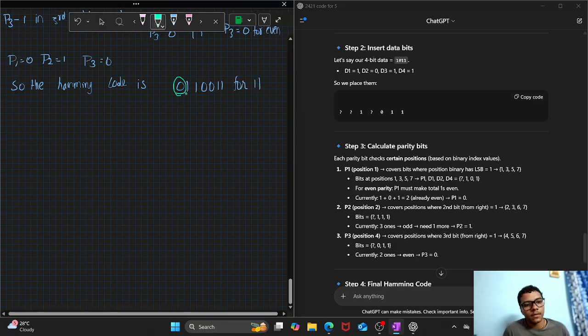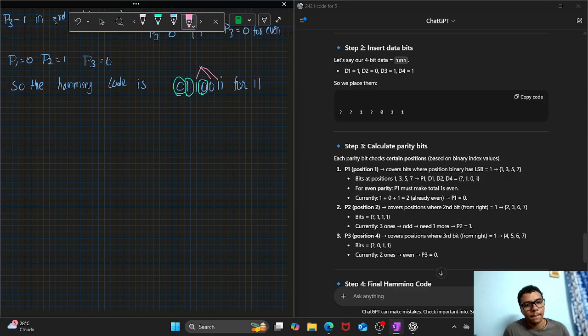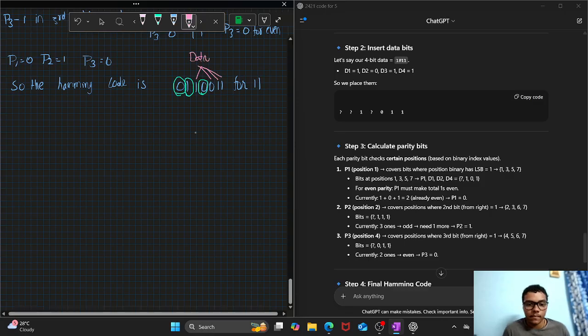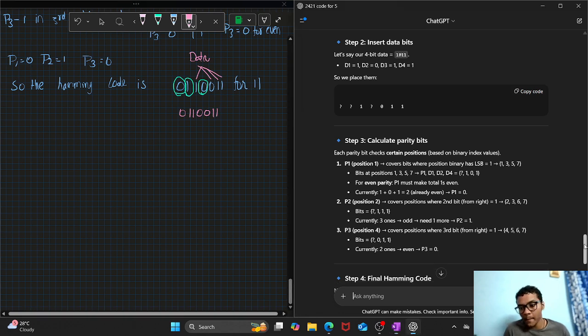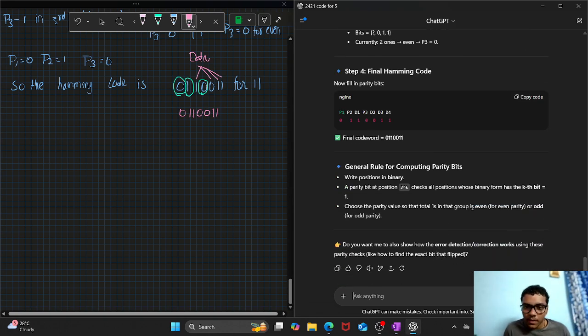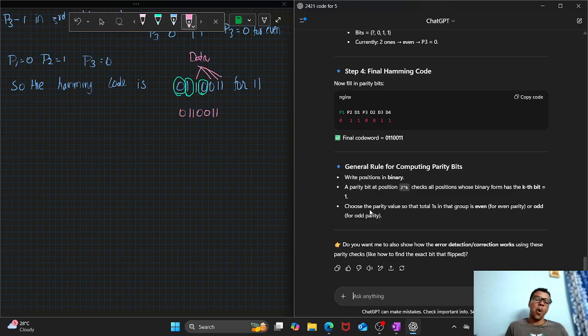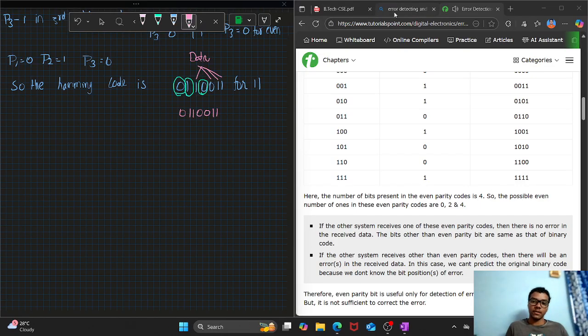This is parity 1, this is parity 2, this is parity 3, and this is data. So this is how we do the Hamming code.